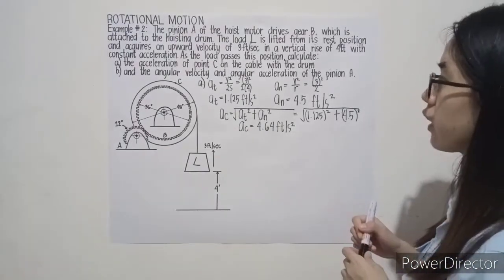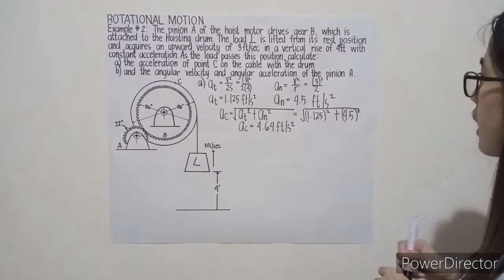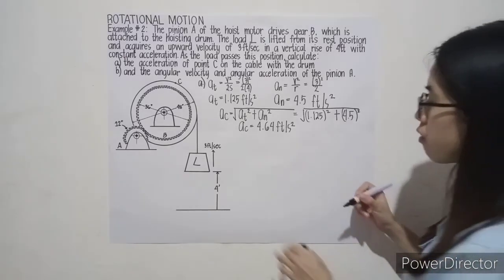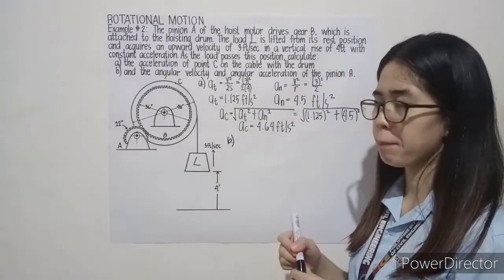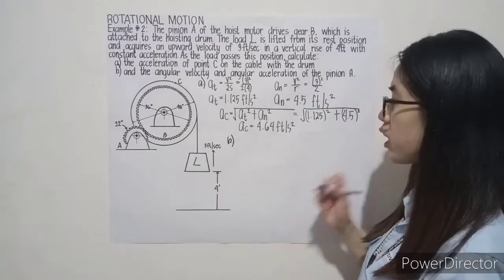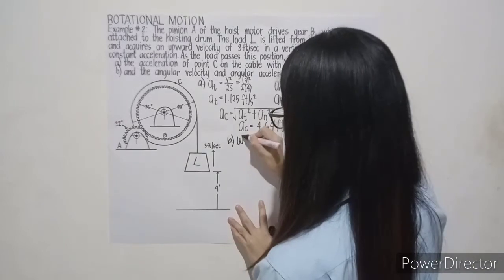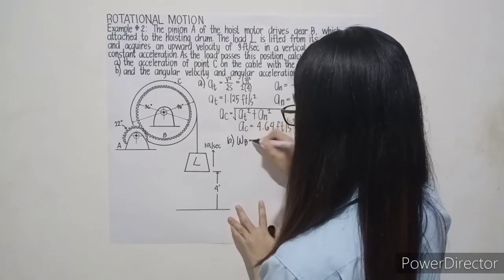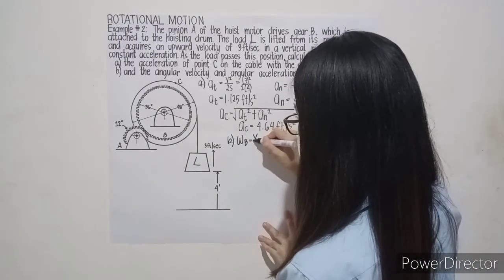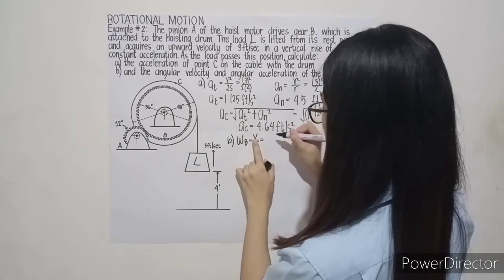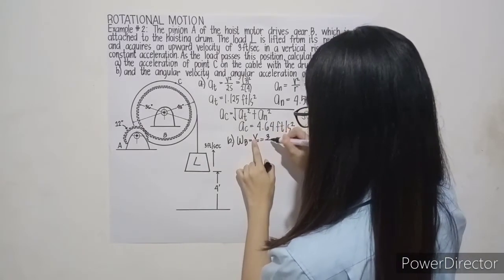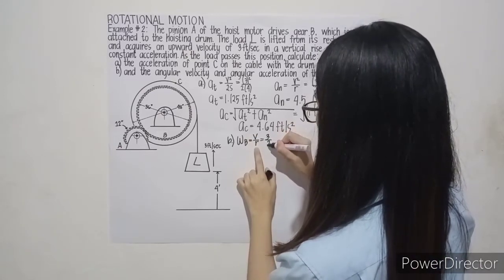To calculate the angular velocity and angular acceleration of pinion A, first calculate the angular velocity at point B. So this is point B. We have v over r, where our velocity is 3 and the radius is 2.